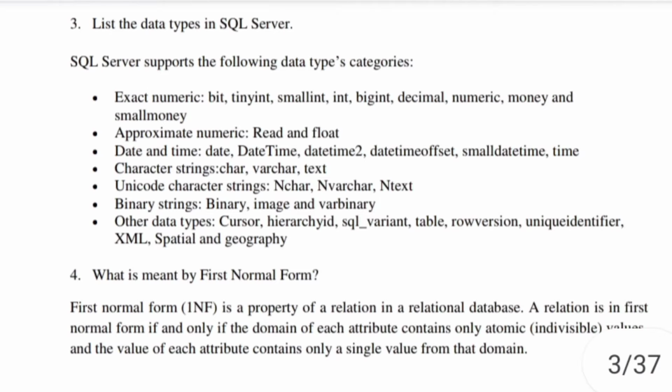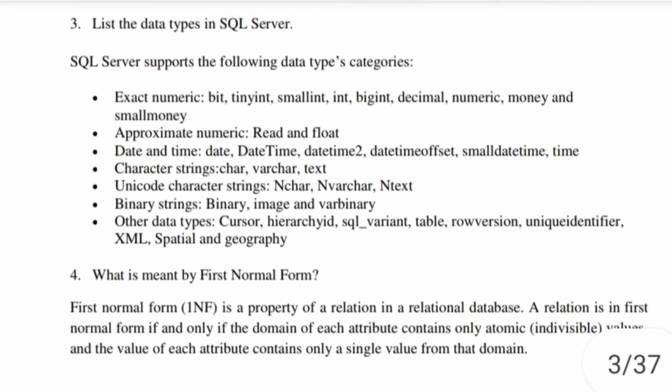List the data types in SQL Server. Exact numeric: bit, tinyint, smallint, int, bigint, decimal, numeric, money and smallmoney. Approximate numeric: real and float. Date and time: date, time, datetime, datetime2, datetimeoffset, smalldatetime.